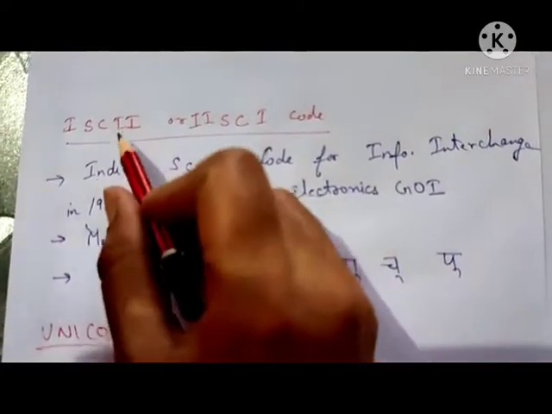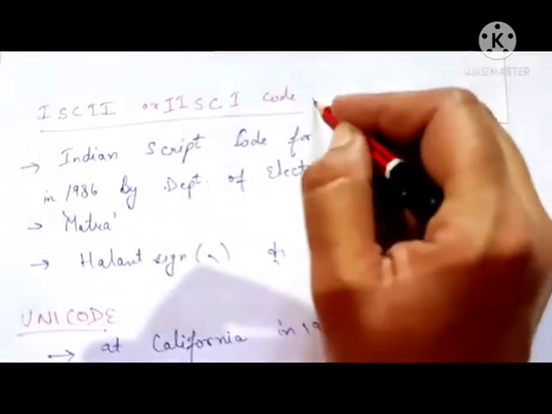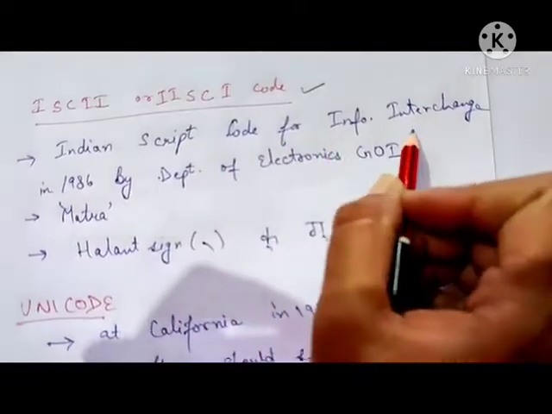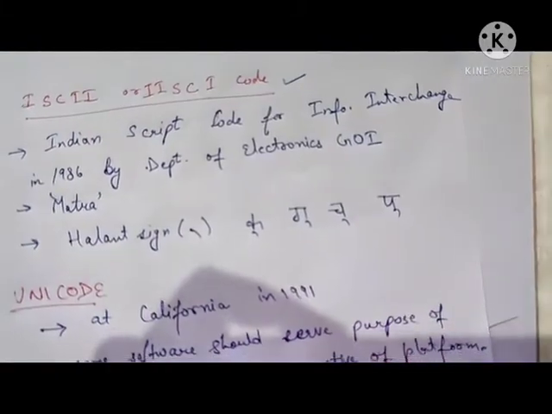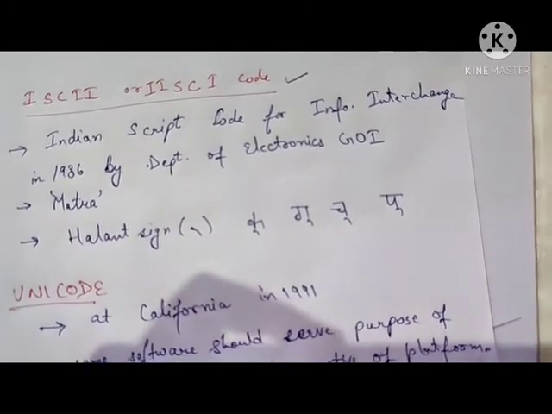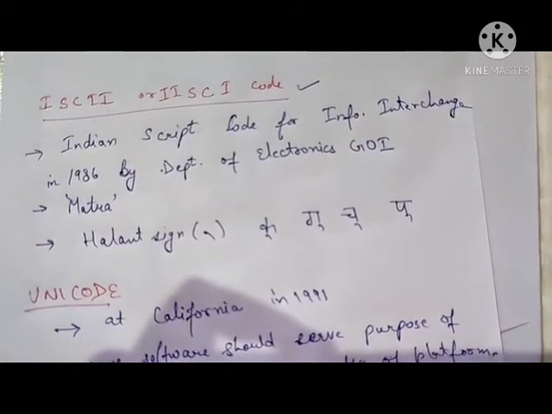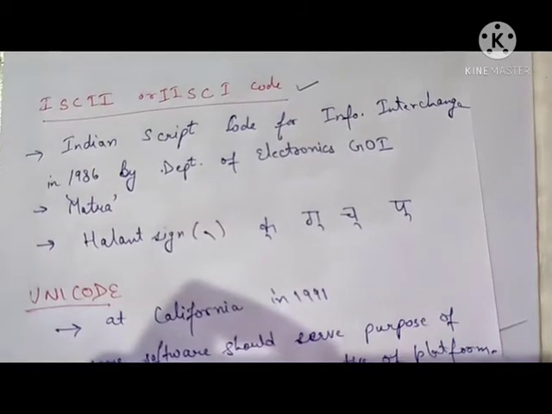Next is ISCII code. Indian Script Code for Information Interchange. This code was developed in 1986 by the Department of Electronics, Government of India. ASCII code is very popular, and when a character is typed, the internal system of the computer immediately converts the character into its ASCII code.